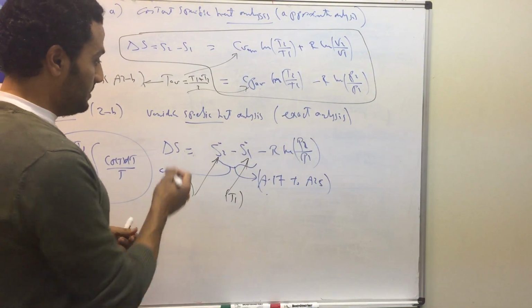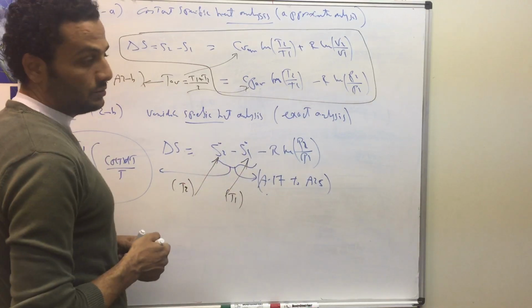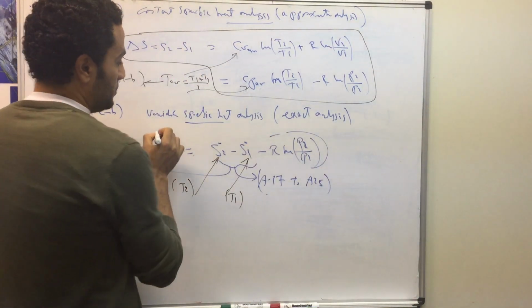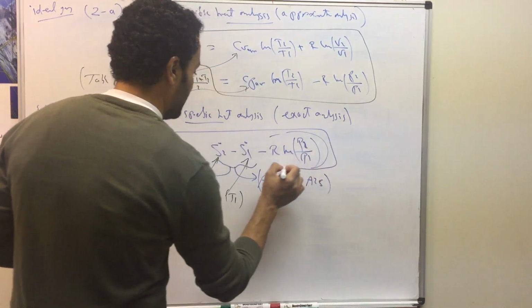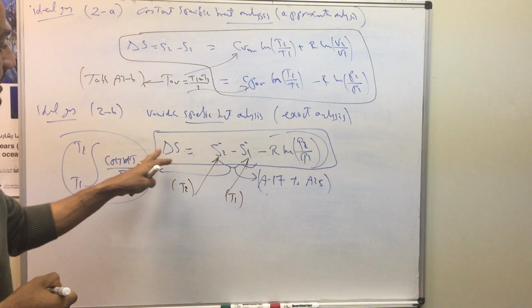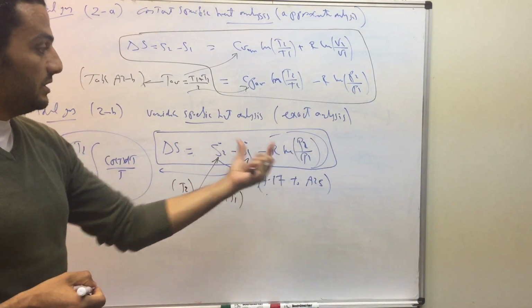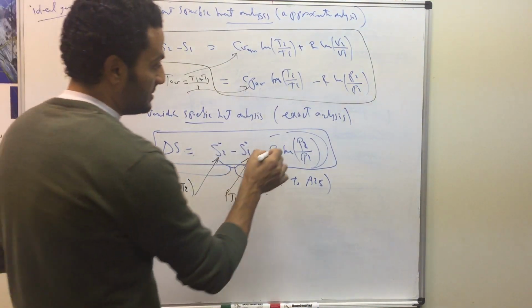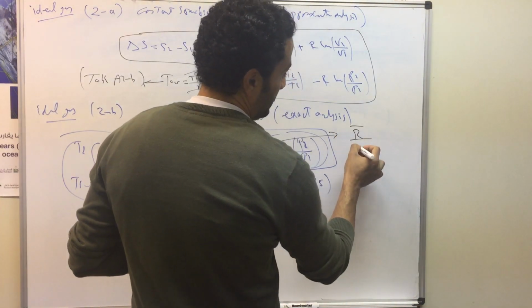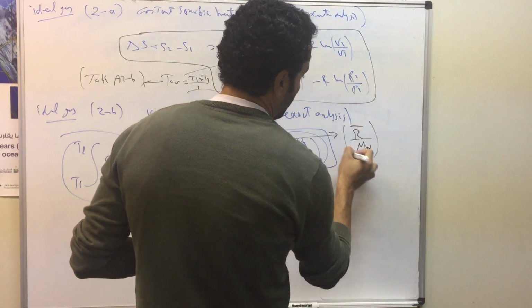But please don't say delta S is equal to the difference between the two values. We do have another term, this term. Please don't forget. So to calculate delta S for an ideal gas using the variable specific heat analysis, delta S will be calculated using this relation. R is the gas constant, which is equal to the universal gas constant R bar divided by the molecular weight.